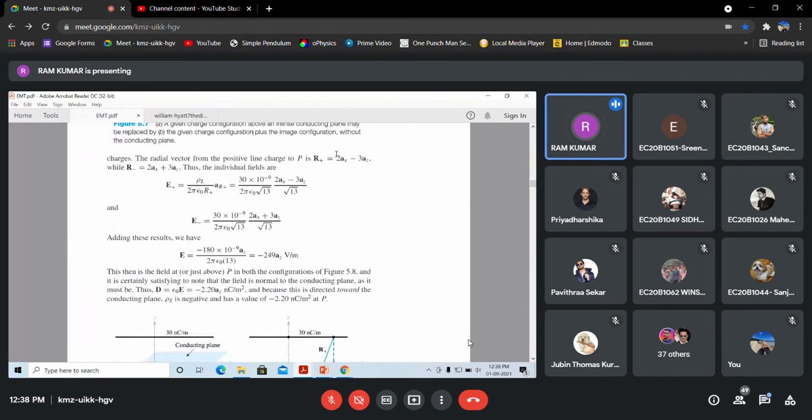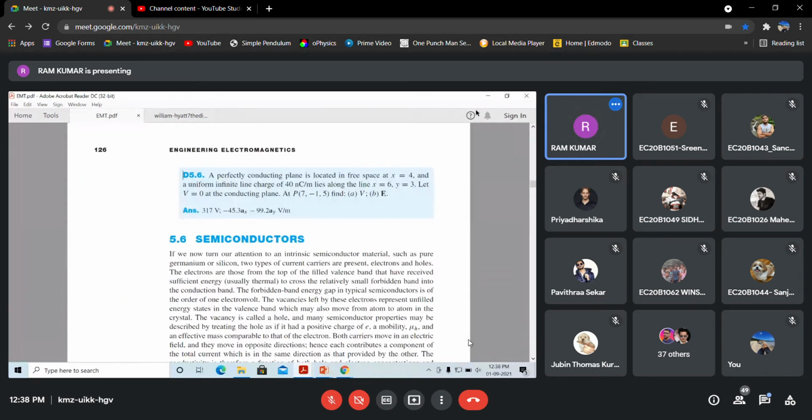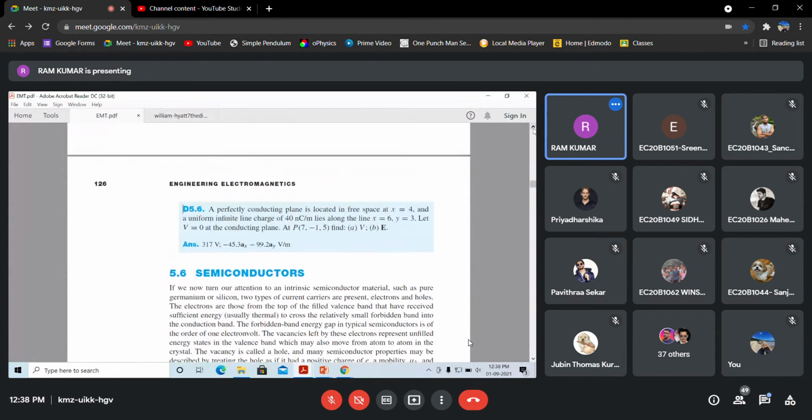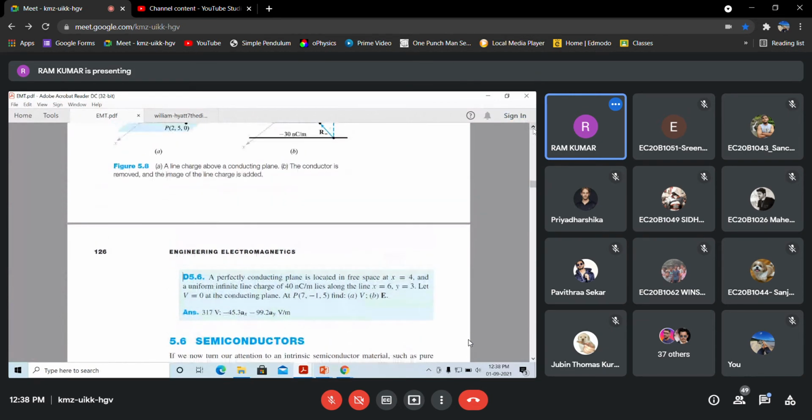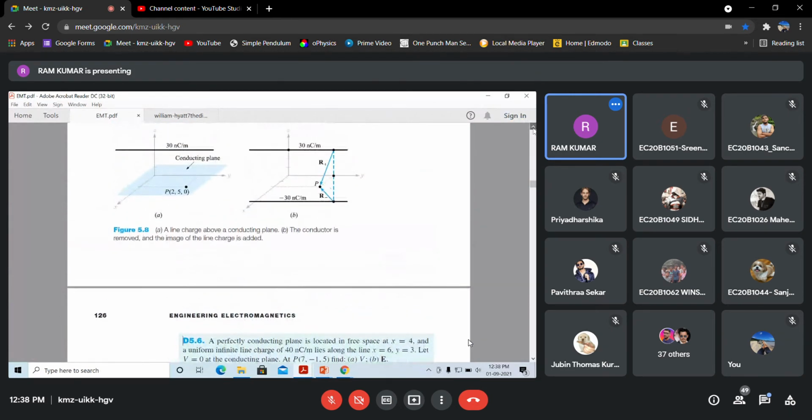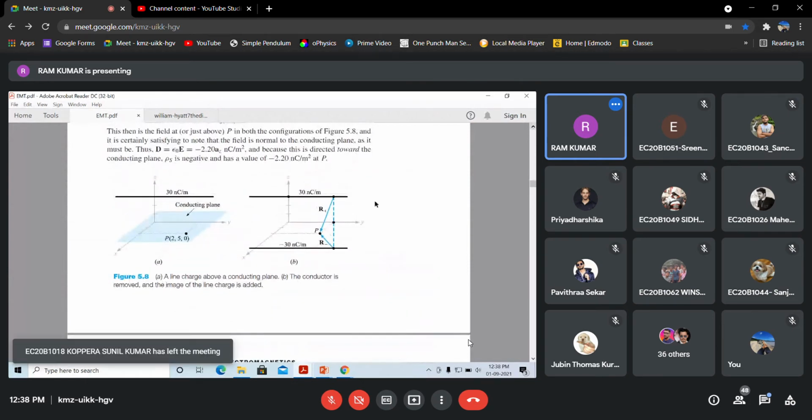When you calculate that, in the x-axis it's again the same, 2 AX.